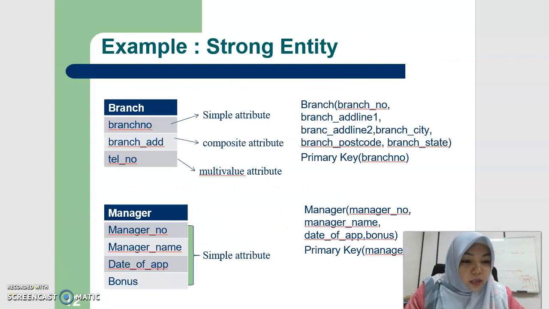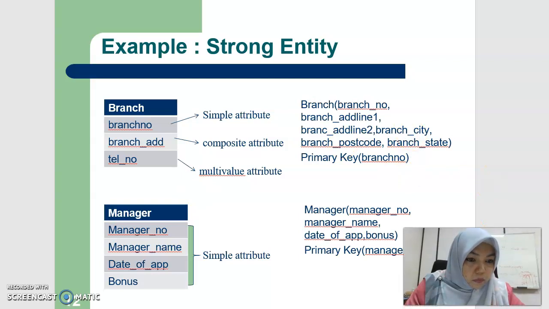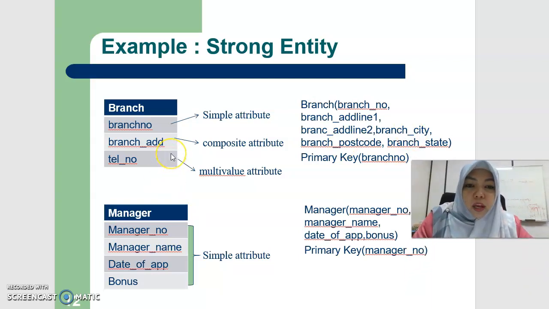So let me look at this example here. We have here two entities, that is branch and manager. For the branch entity, you have three attributes, that is branch number, branch address, and telephone number. So you have to identify which kind of attribute they are. For branch number, since it's only one value, you can say this is a simple attribute.